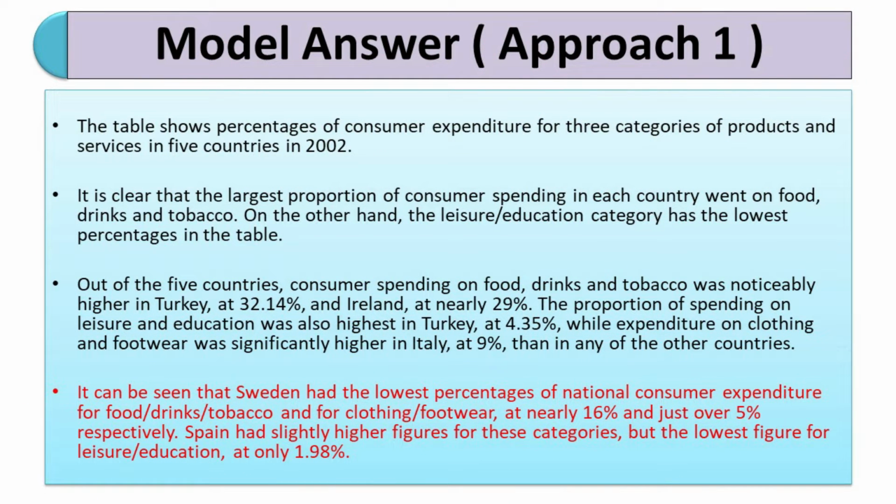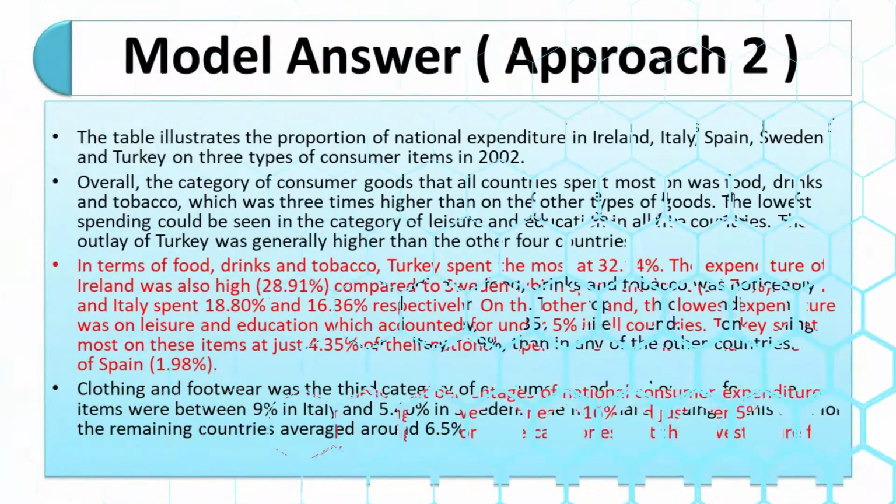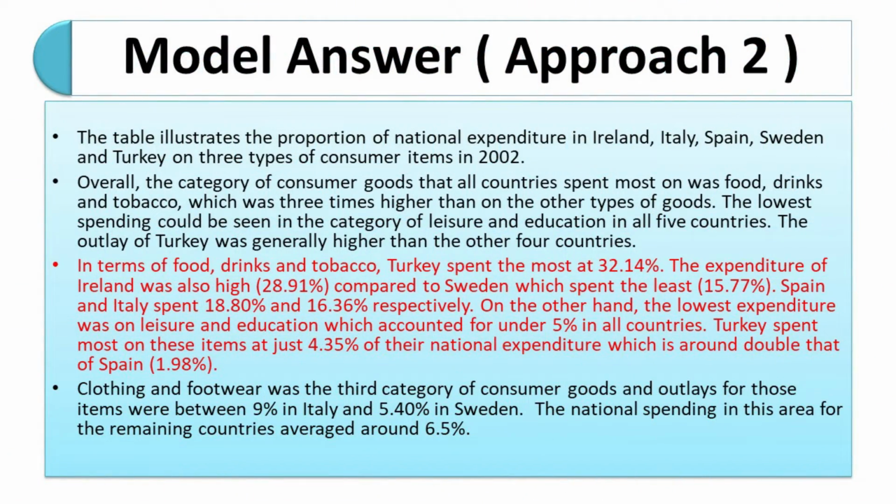However, there is another approach as well. In this approach, we are actually making a contrast between two different categories in our main paragraph number 1. We are taking the category of food, drink and tobacco, because this is the category where countries are spending most.